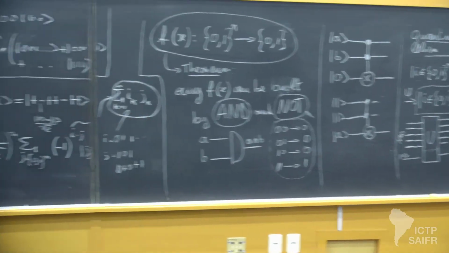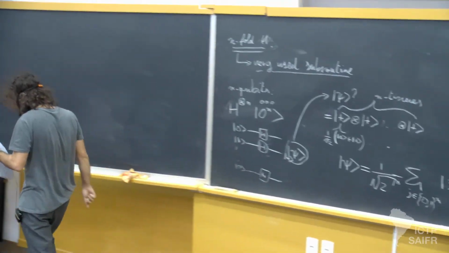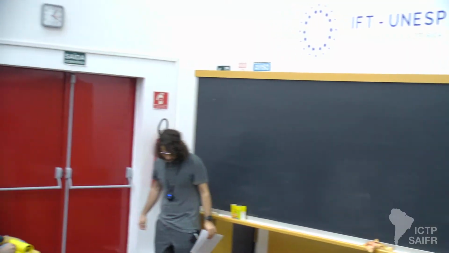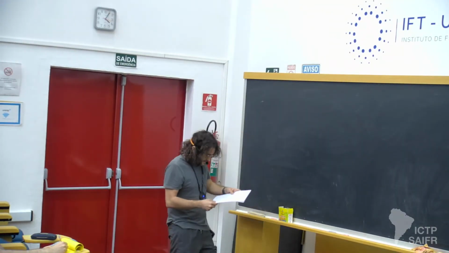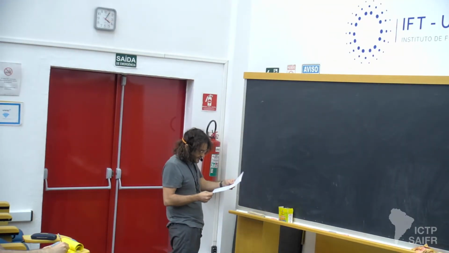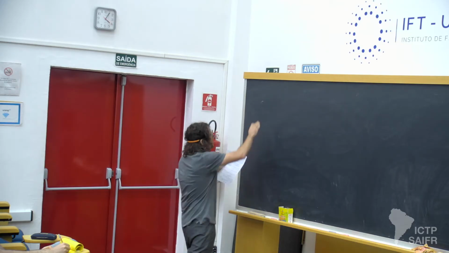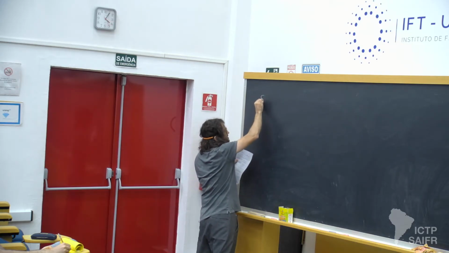Now, to be a little bit more practical, this is done in a more abstract way, but is essentially the same thing. So the setup for the query model is the following.